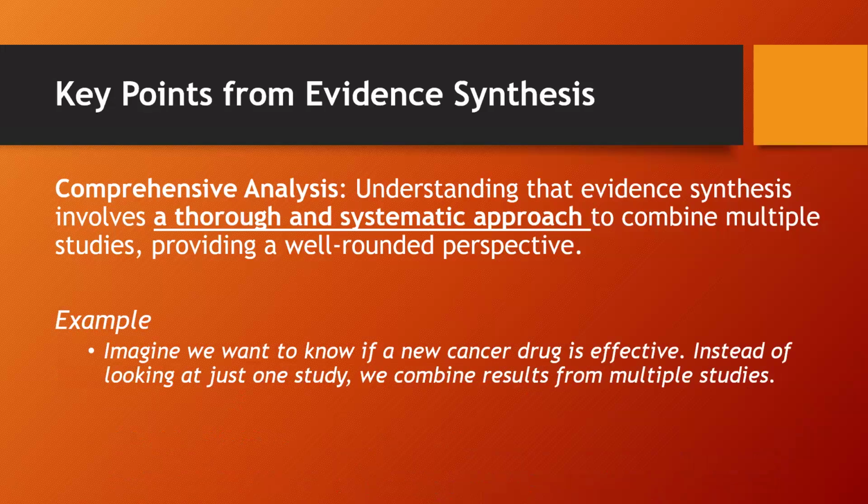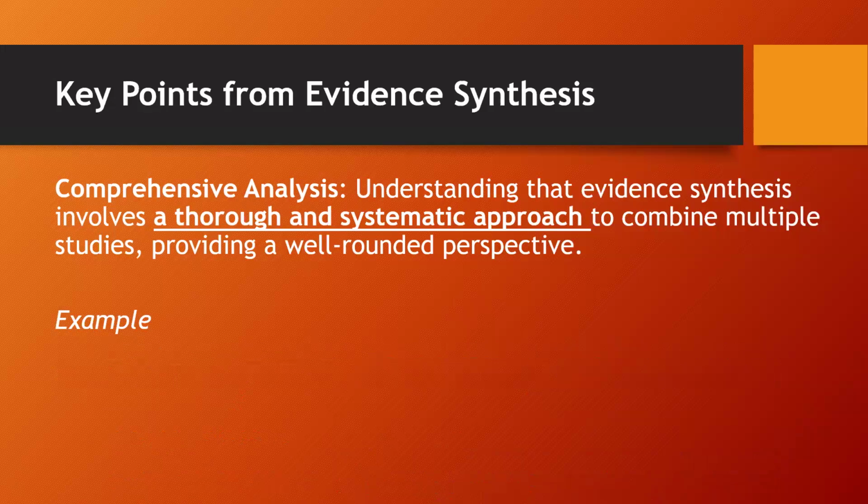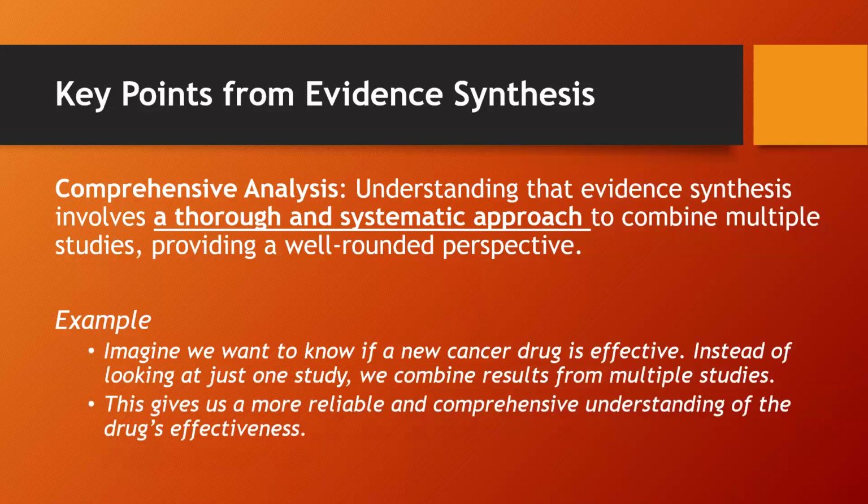Imagine if we want to know if a new cancer drug, which is recently endorsed in the market, is effective or not. Instead of looking at just one study, we combine results from multiple studies. This gives us a more reliable and comprehensive understanding of the effectiveness of that drug.